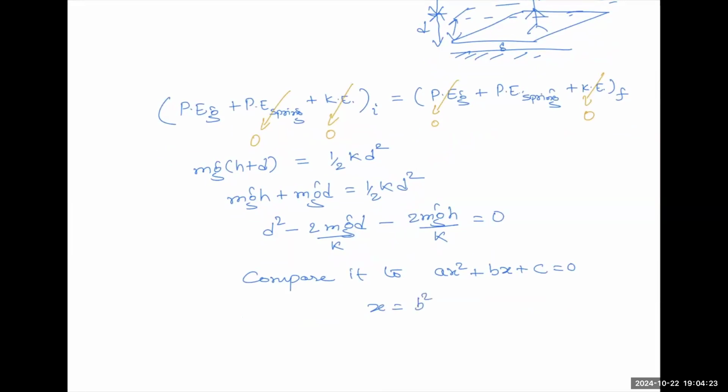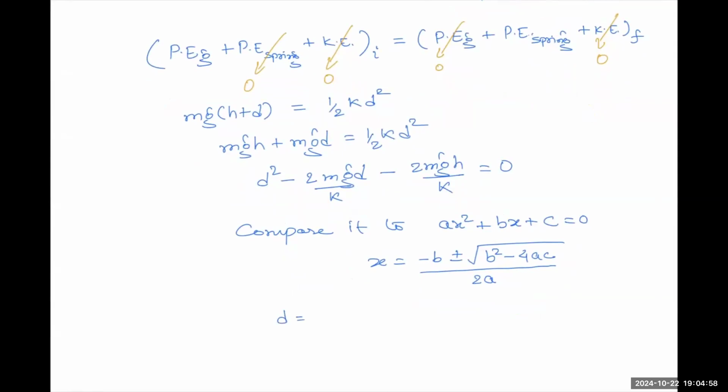Anyone? Minus b plus or minus square root of b squared minus 4ac, divided by 2a, right? So this will be my solutions. Now substitute all these parameters to find this d, right?